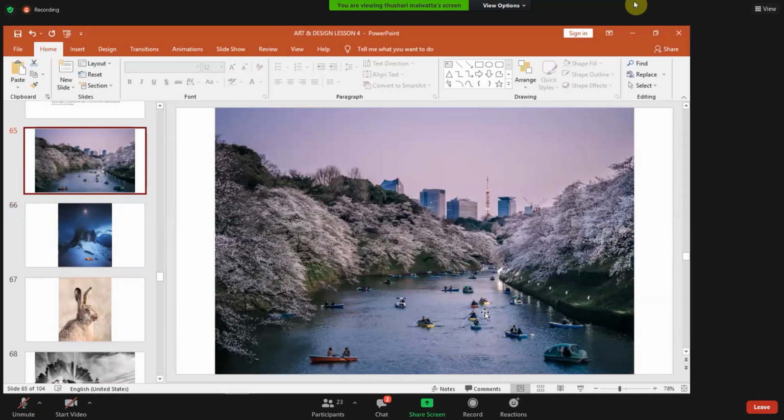You don't see what these people are doing, how many are there in this boat. You don't look into that. You just get an overall feeling of the image. So it is simplified, not too many details to read.